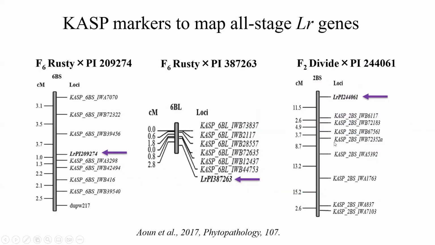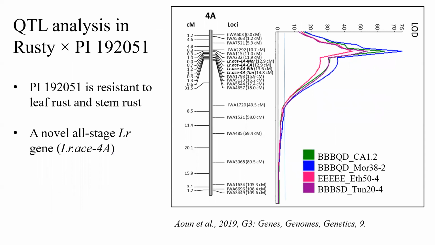Then I used the SNP markers identified from the GWAS to further delimit the genomic region of the identified leaf rust resistance genes, shown here with the arrows. This allowed the identification of competitive allele specific PCR markers linked to these resistance genes, and that can be used directly to facilitate the transfer of these resistance genes into adapted durum wheat varieties.